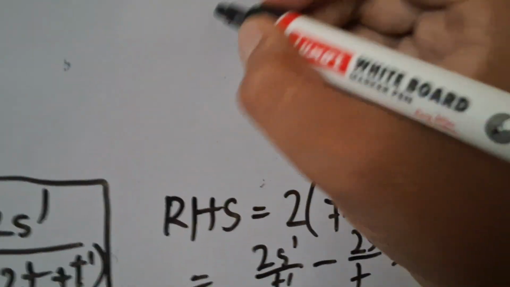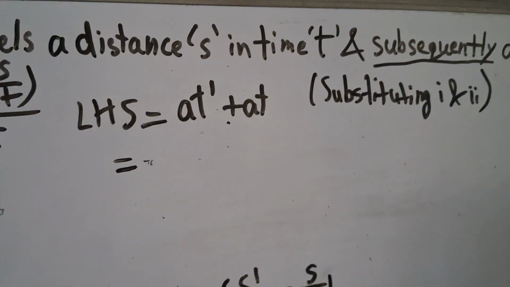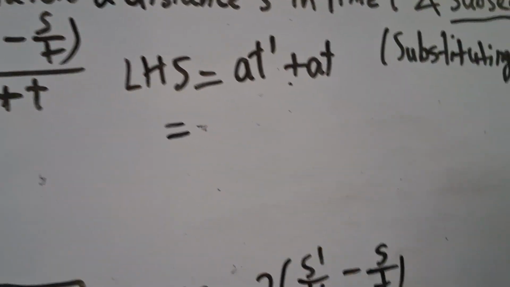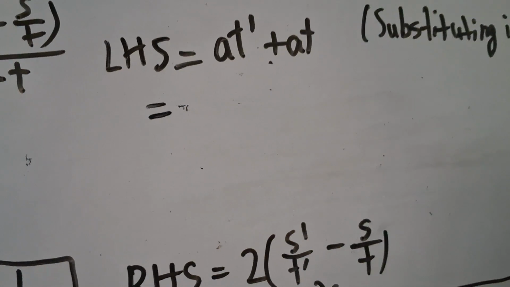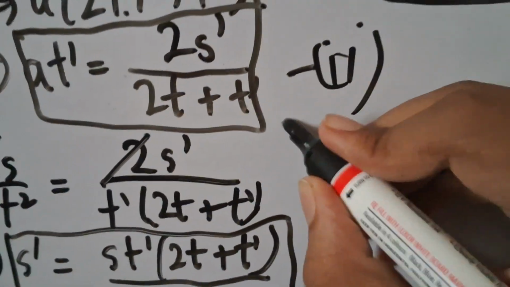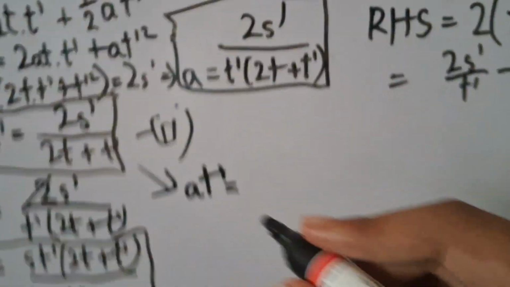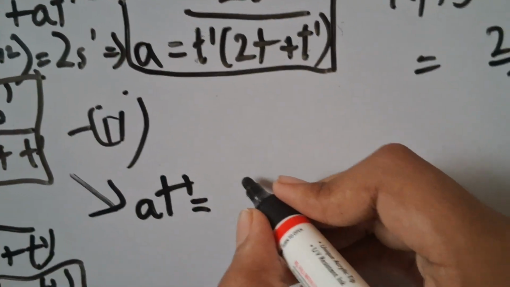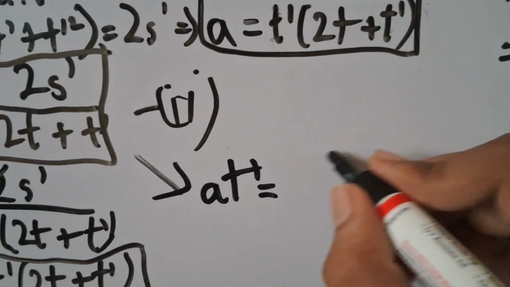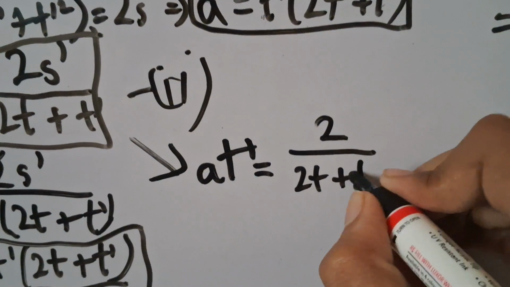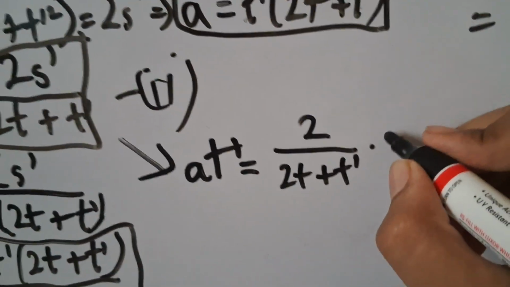Alright, so what is at? We can also write this as at dash, not at, sorry. What is s dash? This is 2 by 2t plus t dash into s dash.